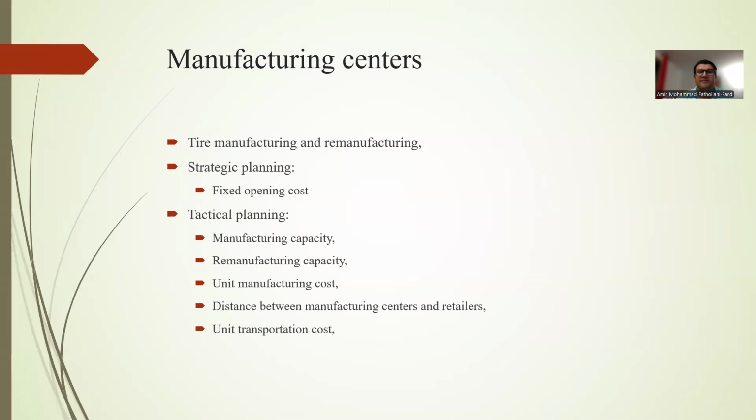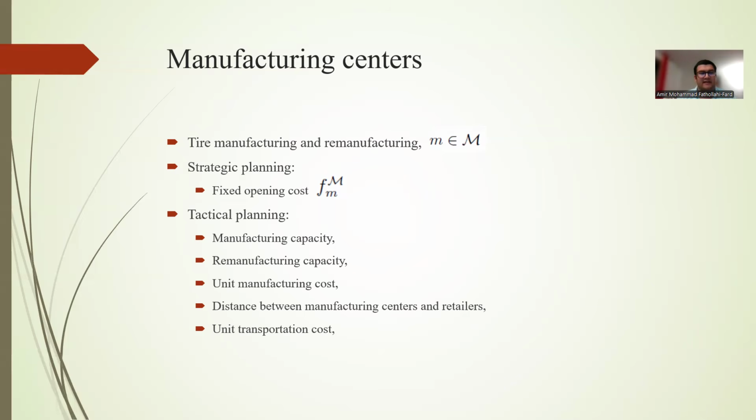There is a set of manufacturing centers who are responsible for tire manufacturing and remanufacturing. Here we represent them by the set M. From a strategic planning view, among a set of potential sites, we want to locate a subset of facilities to be open. In this regard, there is a parameter for the fixed opening cost of installing each manufacturing center.